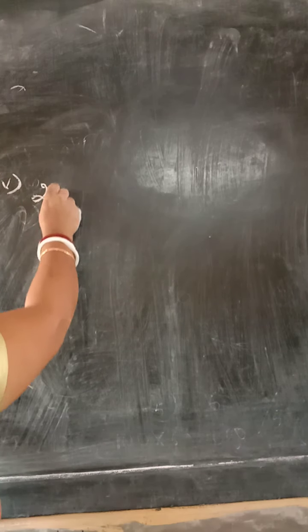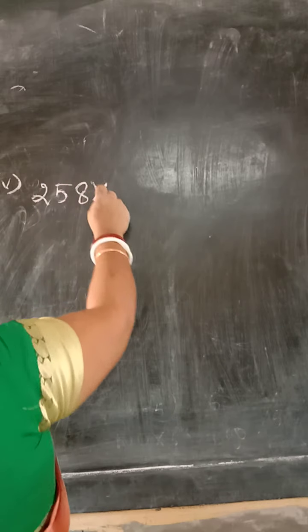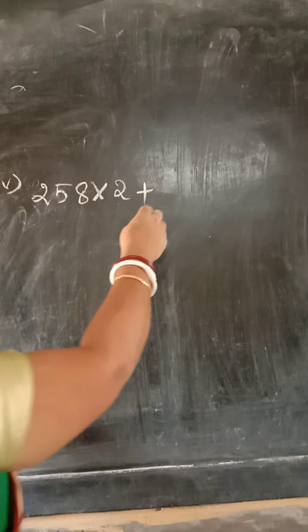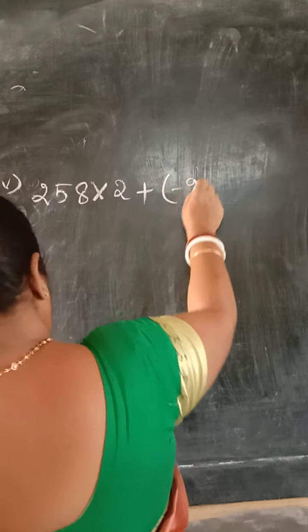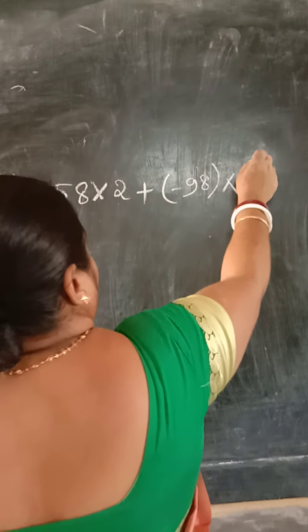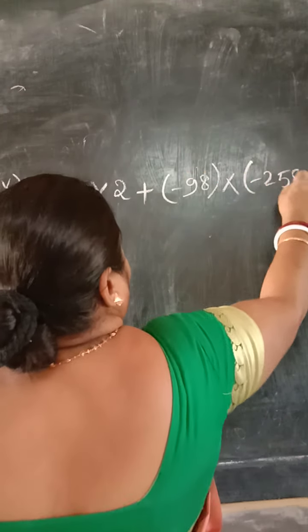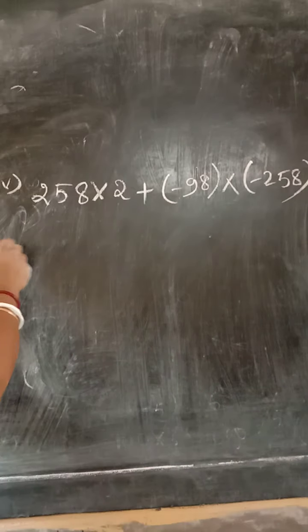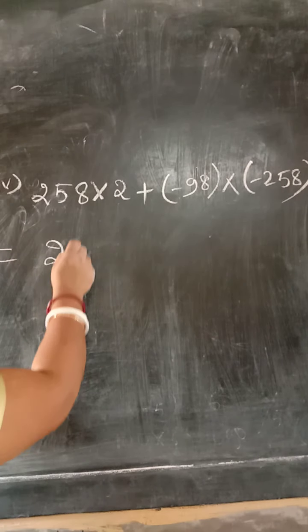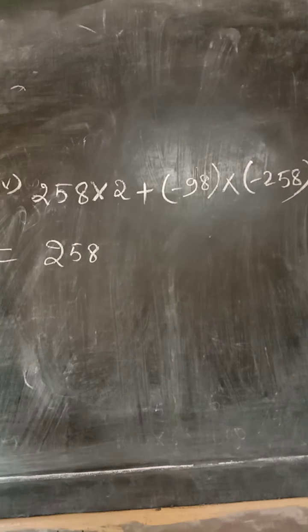You see question number 8.4. It is 258 into 2 plus minus 98 into minus 258. What can we see? We can take 258 as common.